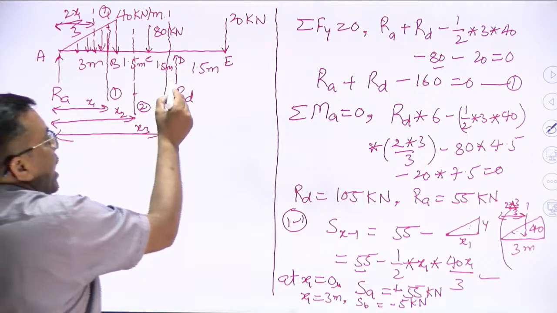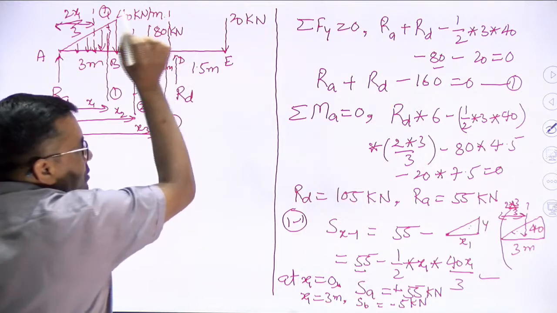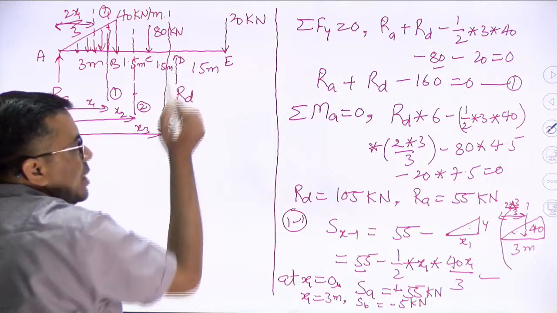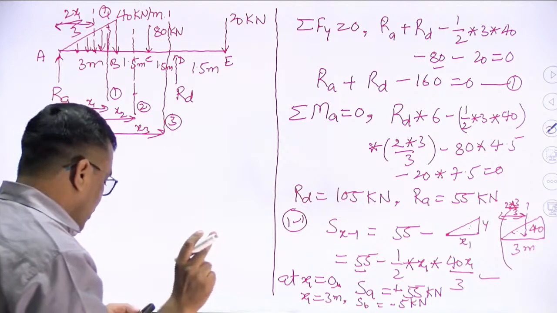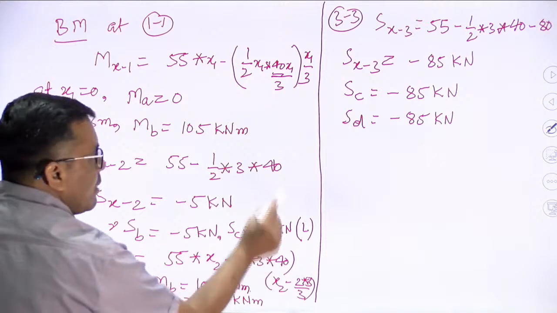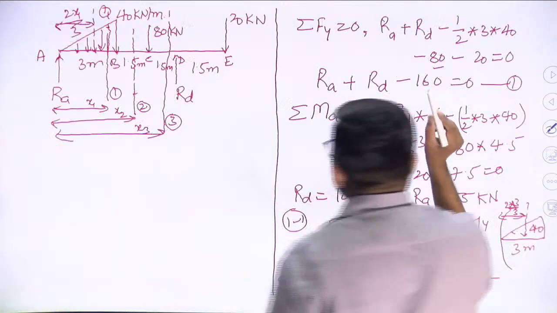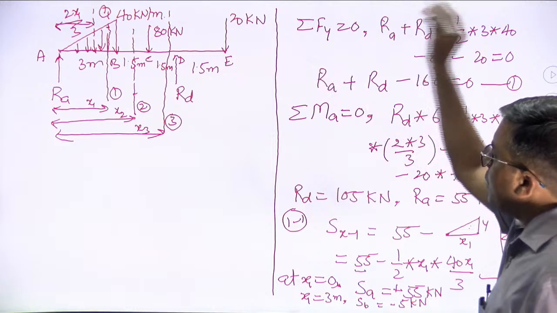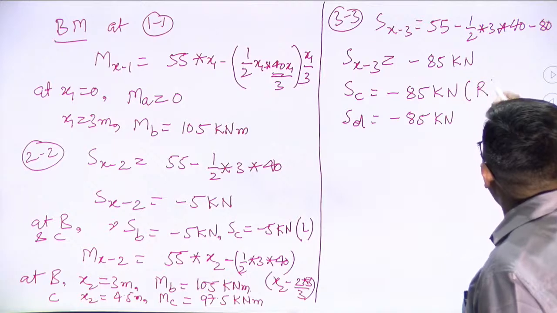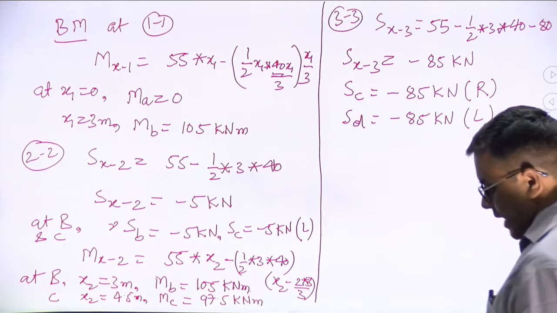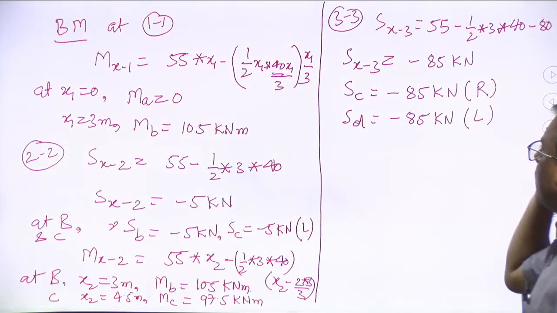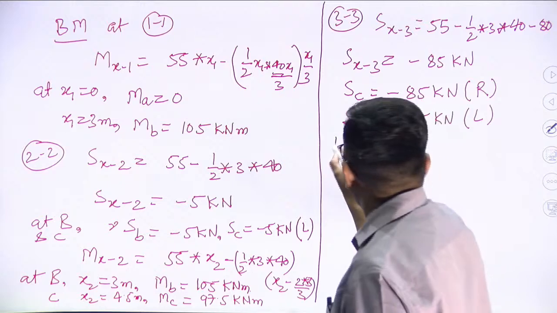Similarly at point D there is a support reaction which also acts as a point load, so D's left and right sides will also have two different values. This section plane 3 is on the right side of C, and for D the section plane is on the left side, so for D I write just left.